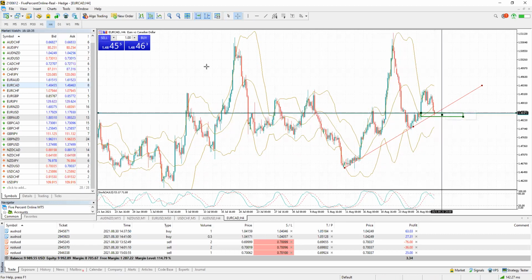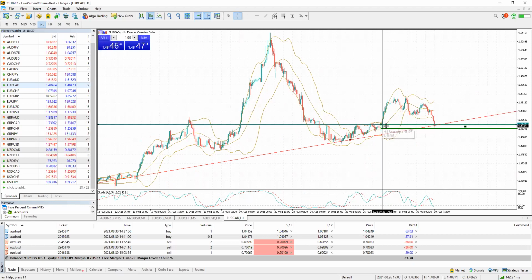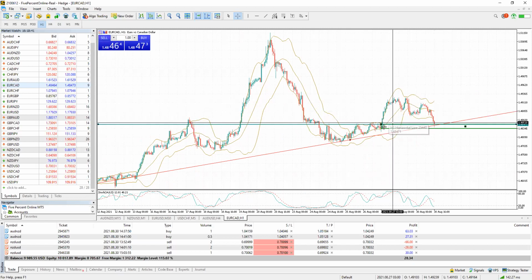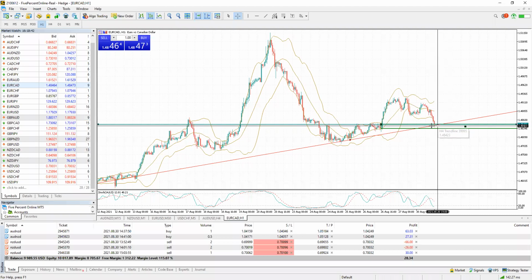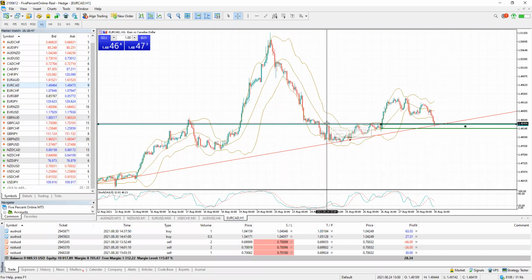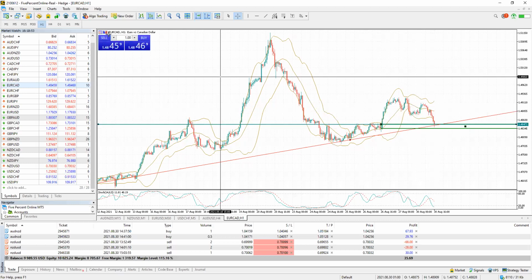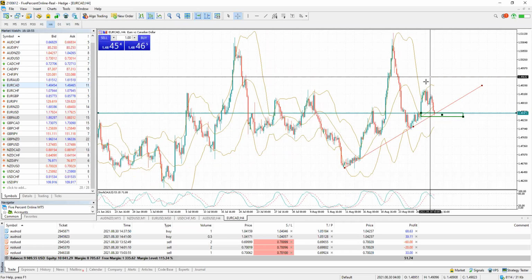Okay, so that's the first thing. The second thing, you have here a demand zone on the H1. Okay, and actually we are entering the demand zone. And the third thing, we had here a resistance that we broke out, and actually we are doing a retest. Okay, so we have three entries to make here.